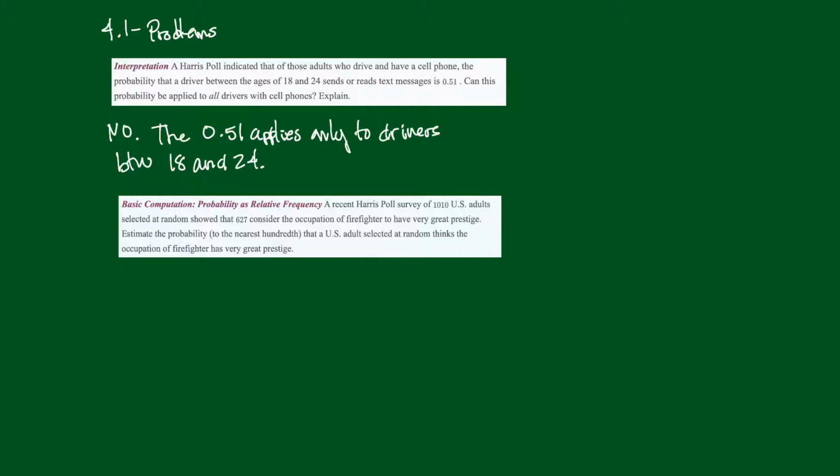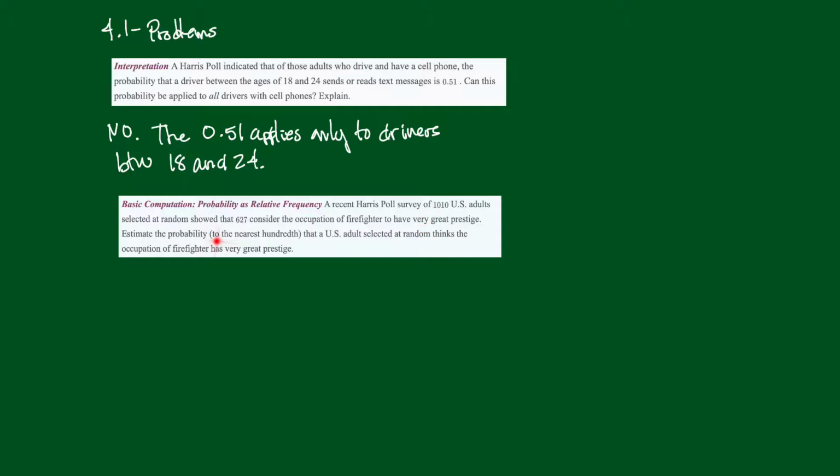Let's try another problem. This turns out to be problem 7 in my book. But if not, you can probably find it by the name here. Here's the problem. A recent Harris Poll survey of 1,010 adults selected at random showed that 627 considered the occupation of firefighter to have very great prestige.